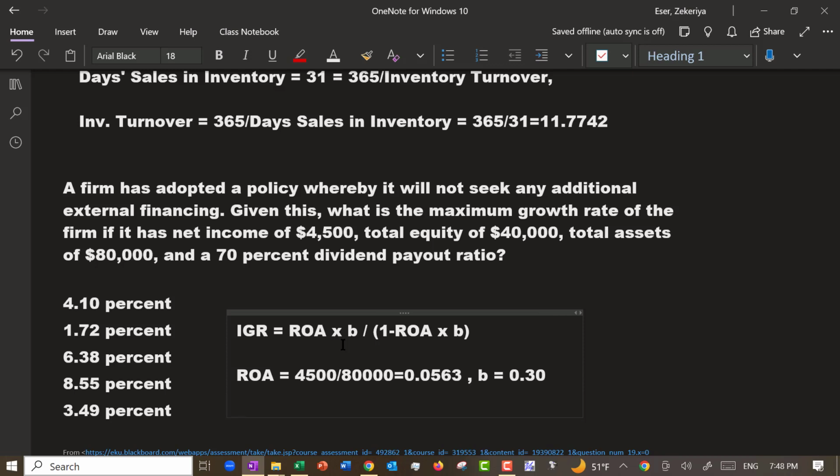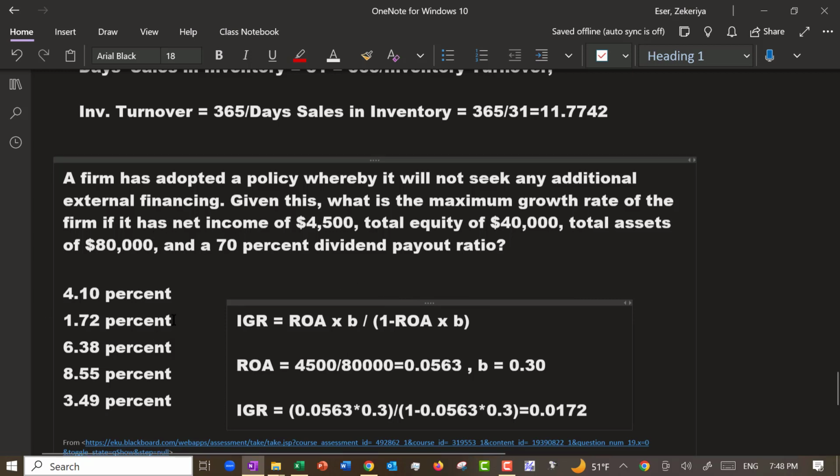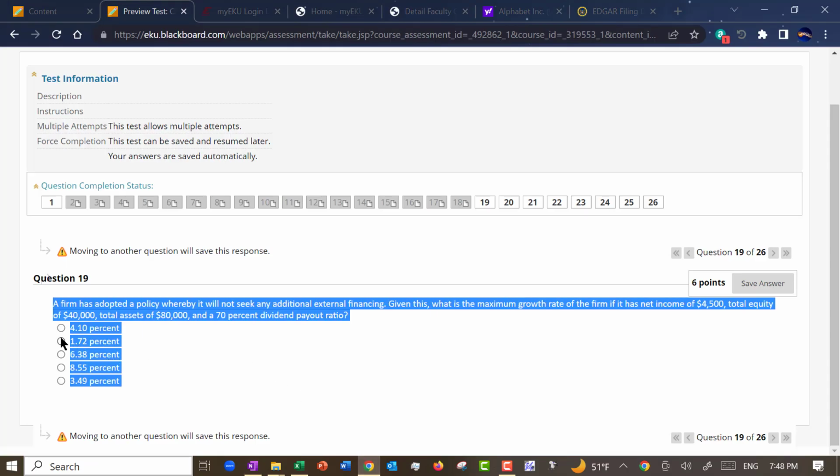All you have to do is calculate. IGR is ROA times B divided by 1 minus ROA times B. It's 172. Again, all we did was use the definitions and figure out what we needed.